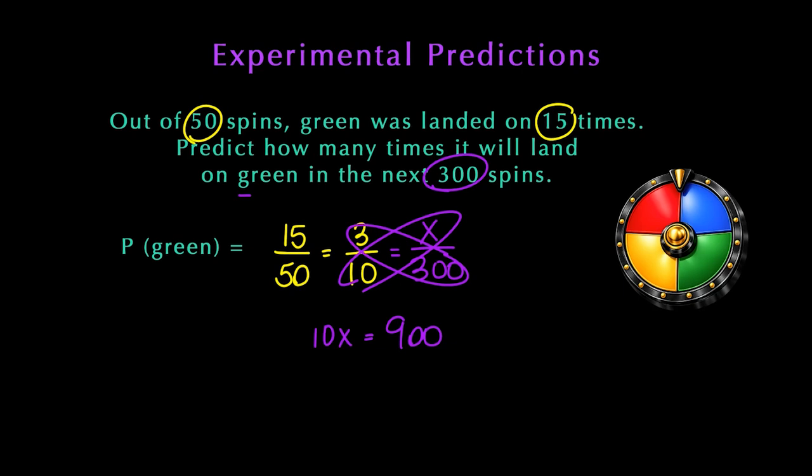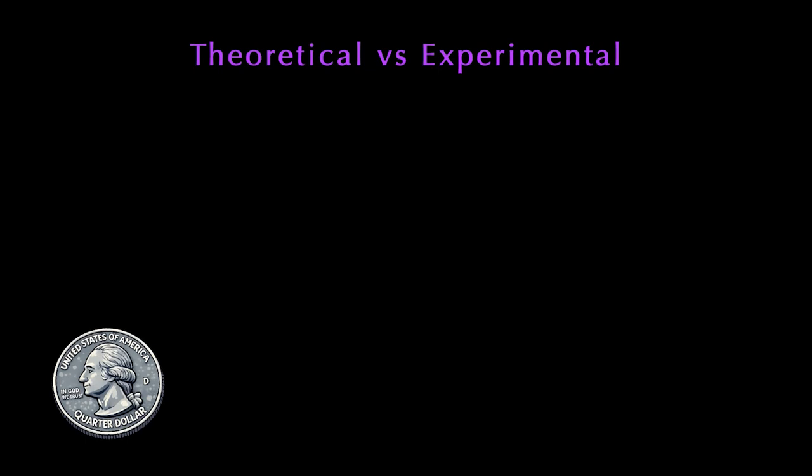And then I'm going to divide by 10 on both sides, so that equals 90. If I were to spin the spinner 300 times based on my experiment, I should land on the green 90 times. So let's take our theoretical versus experimental and let's compare them.